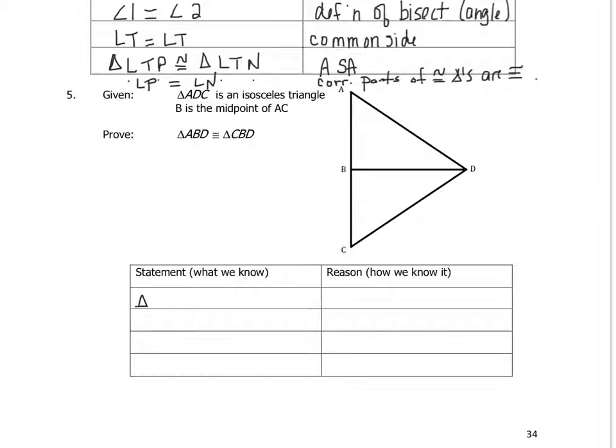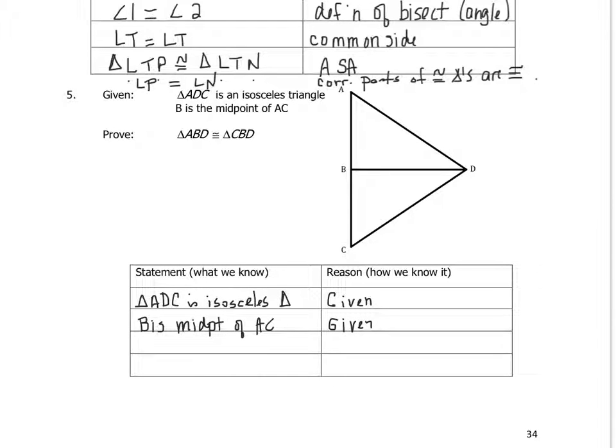So triangle ADC is isosceles triangle, given, and B is midpoint, I'm just abbreviating a little bit. B is midpoint of AC, and that's given.